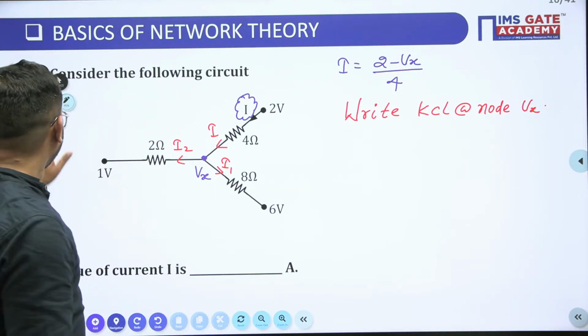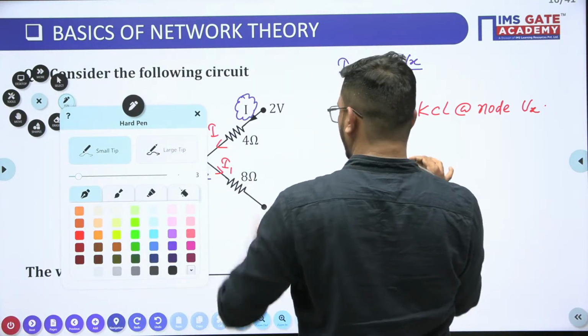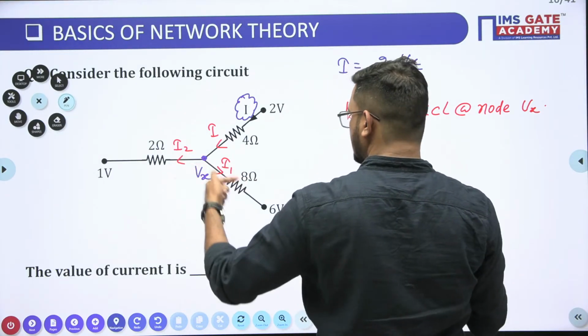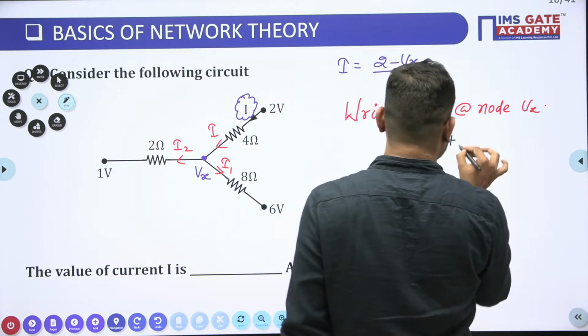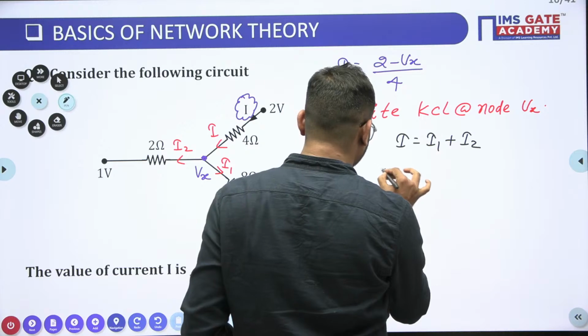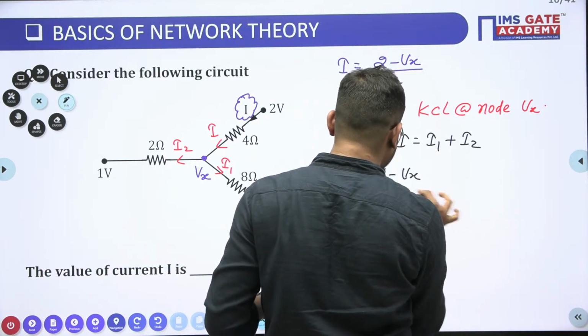So we can write simply I is equal to what, guys? This is outgoing current, which is I1 plus I2. And I is nothing but 2 minus of Vx, divided by 4.